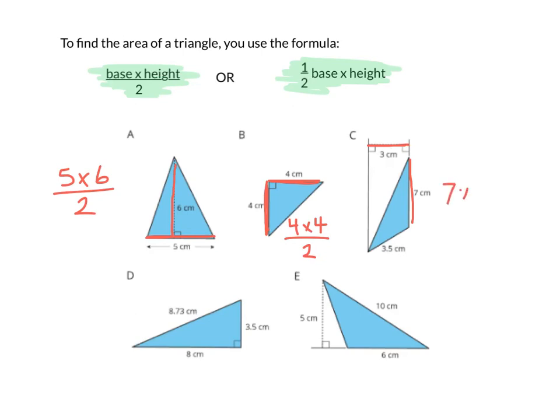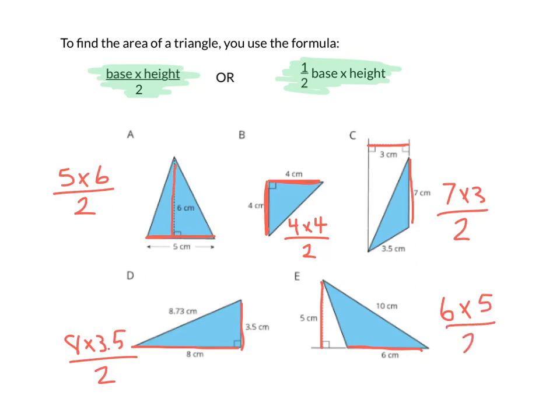So I would do 7 times 3 and divide that by 2. For D, this would be our base and our height. So 8 times 3.5 divided by 2. And then our last one, this would be our base, and 5 would be the height. So 6 times 5 divided by 2.